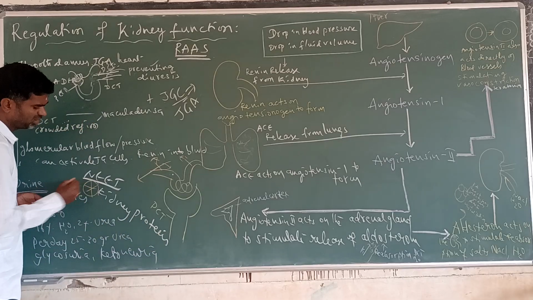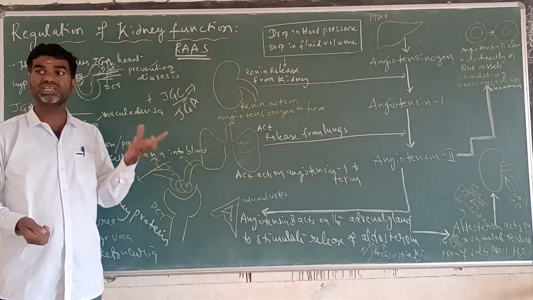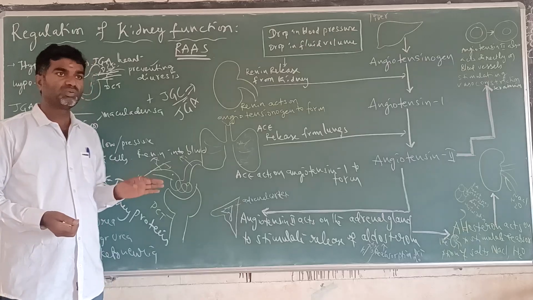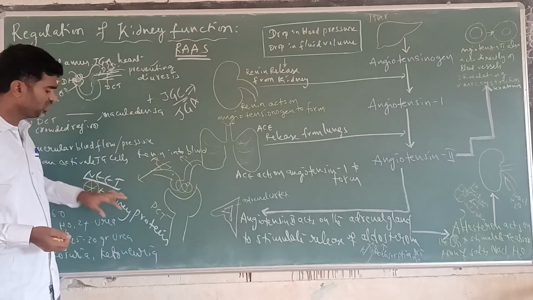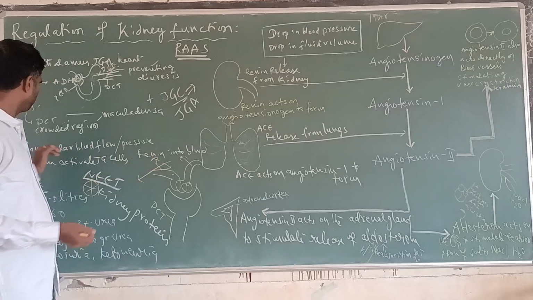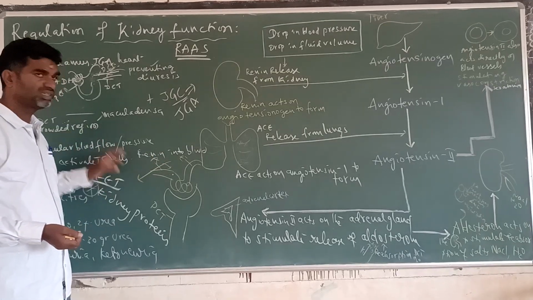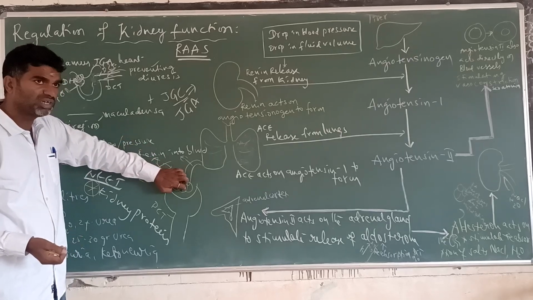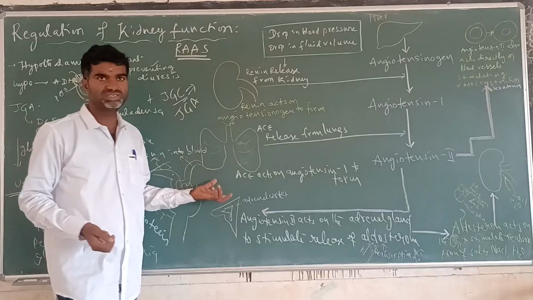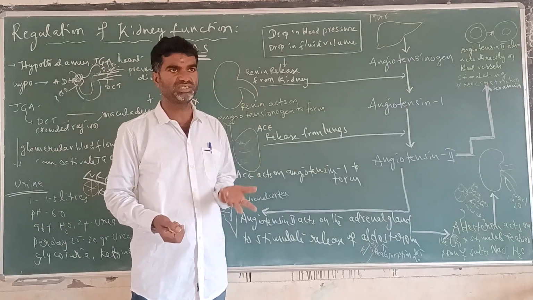Sometimes it is asked whether renin comes in the digestive system also. It is spelled with double N, rennin, there. Only here it is renin. Renin is a kidney protein. When the glomerular blood pressure falls down, it activates the JG cells, the extraglomerular cells, here.